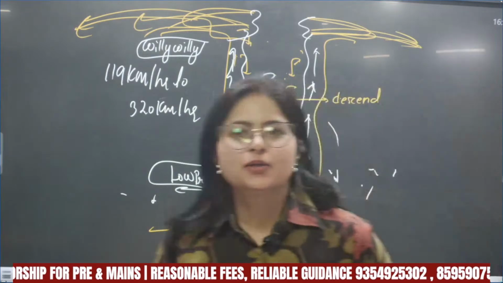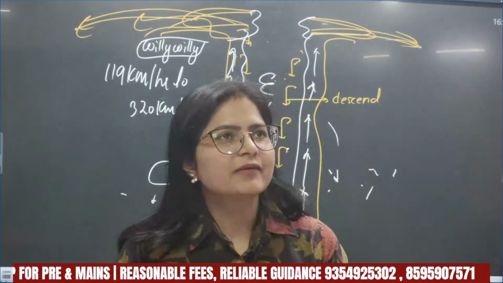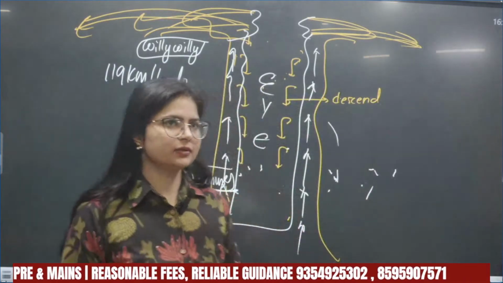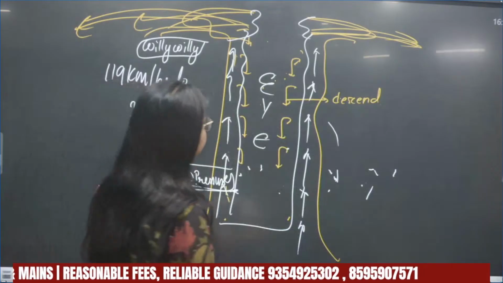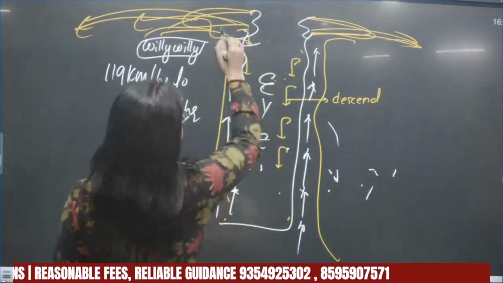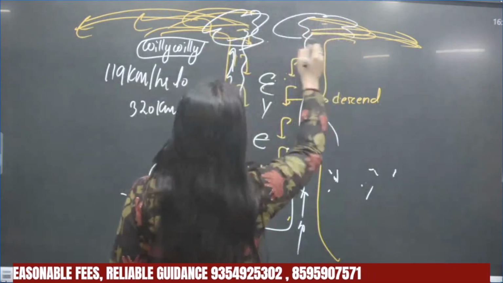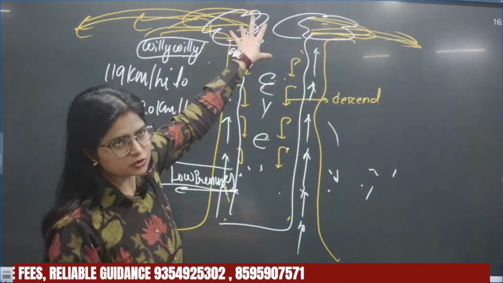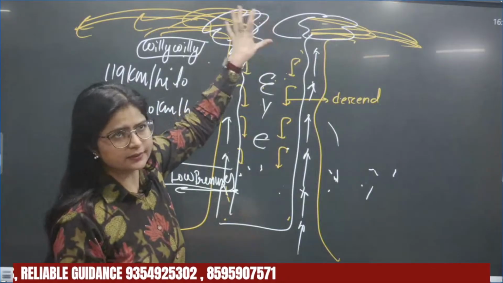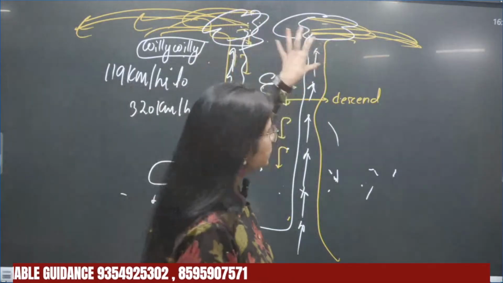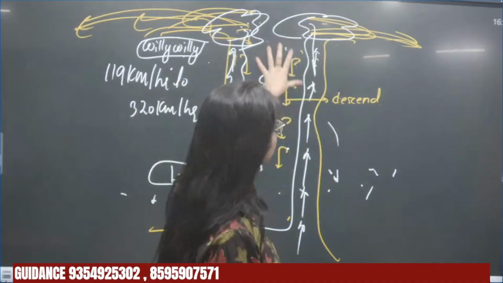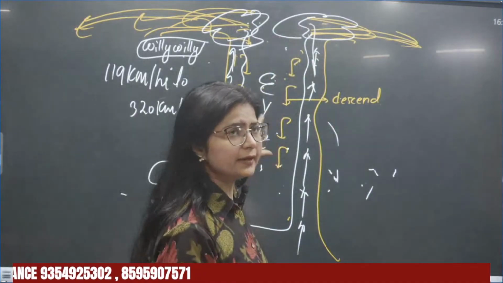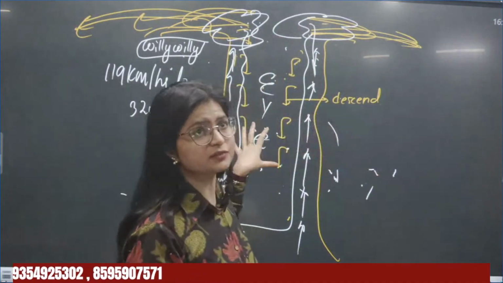All right. So now we have to discuss the next stage. What is happening here? See, as I told you, the density is increasing here. The moment density increases, it is saturated. It cannot have more than this. Then it will come down, it will descend. And further, this condition will intensify.